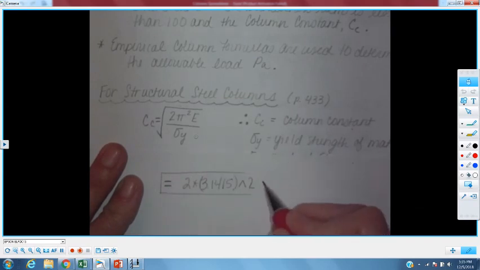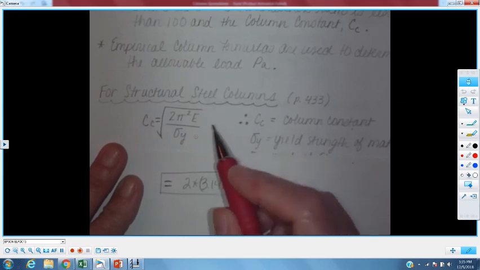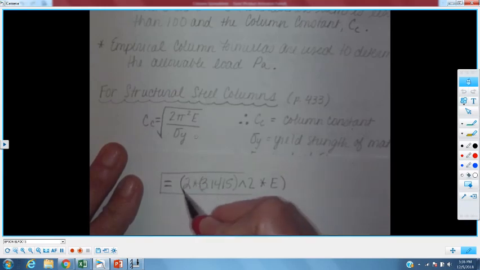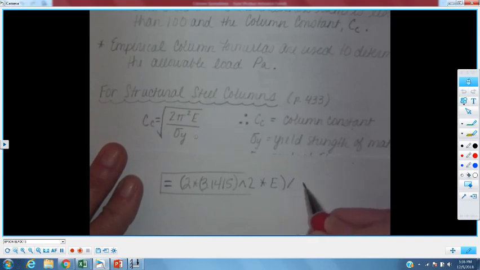And then we're going to multiply that by the modulus of elasticity, that's E, which is going to be a cell designation that we put in place. Now, we're going to put parentheses around this top line, and we're going to divide it by the yield strength. So I'm going to put in my symbol right here, but this is going to be a cell designation as well.